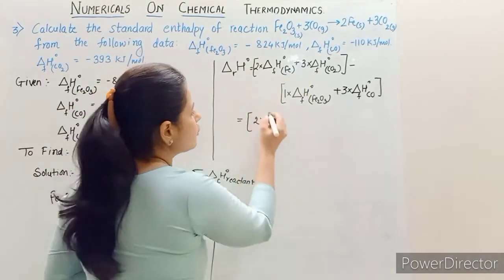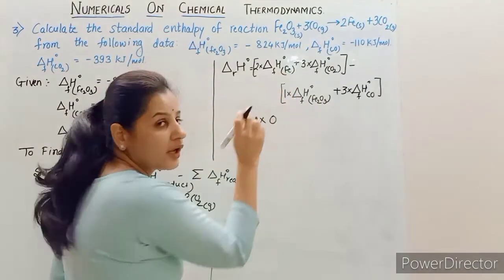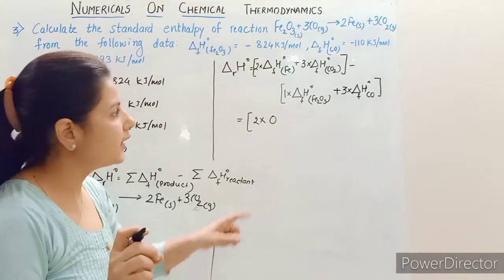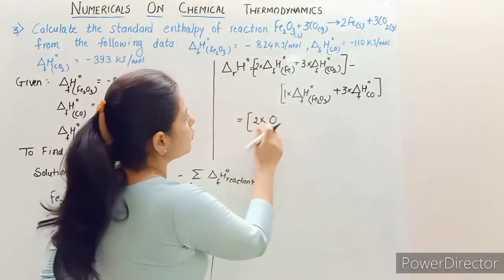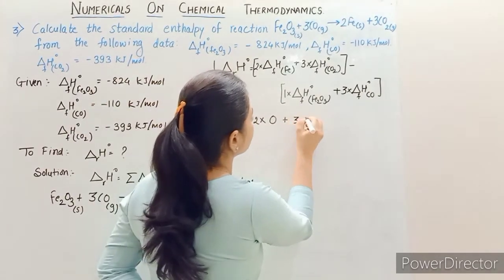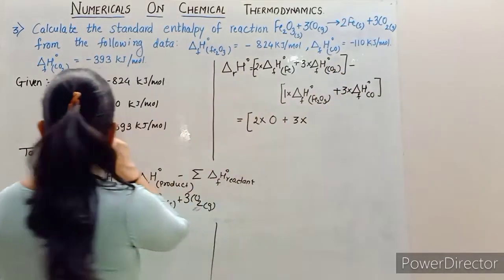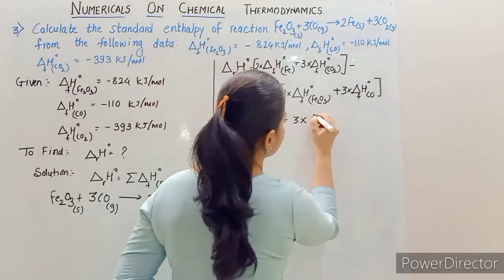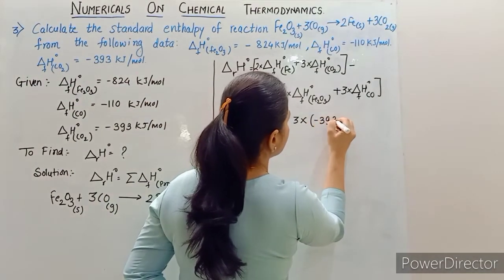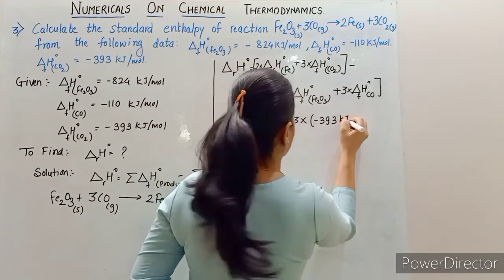So the enthalpy change for a particular atom, if it is in its atomic state, will be 0. So 2 into 0 plus 3 into formation of CO2. Formation of CO2 is given as minus 393 kilojoules per mole.